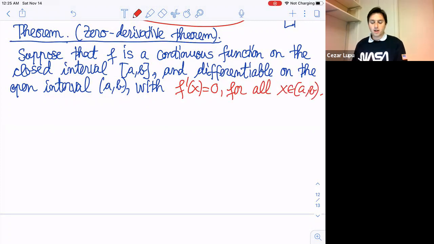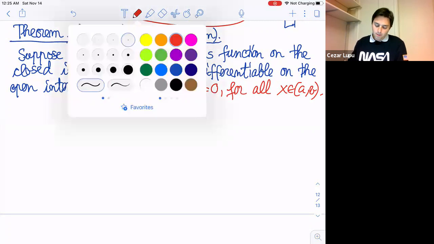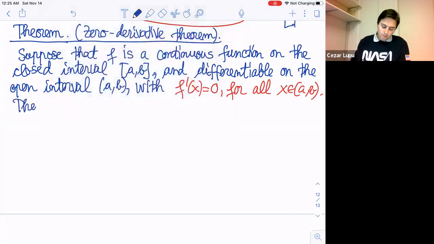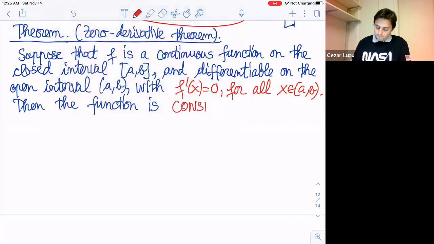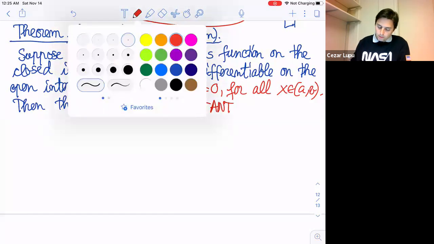Then the function is constant on [a, b].